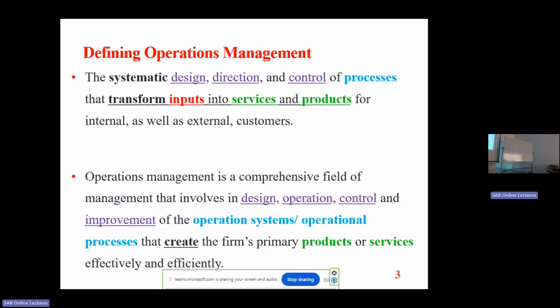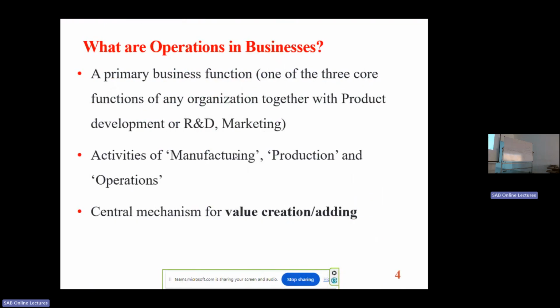So produce products in an efficient and effective manner. Higher productivity levels, that is important. I will explain those terms later, but for the time being, I'll just introduce those terms.